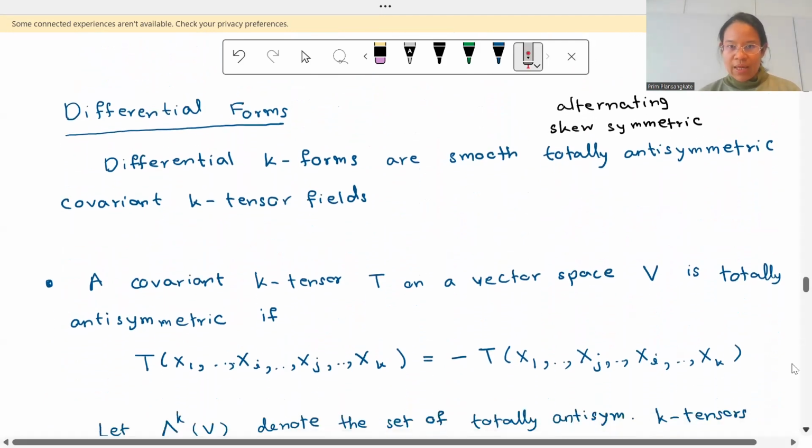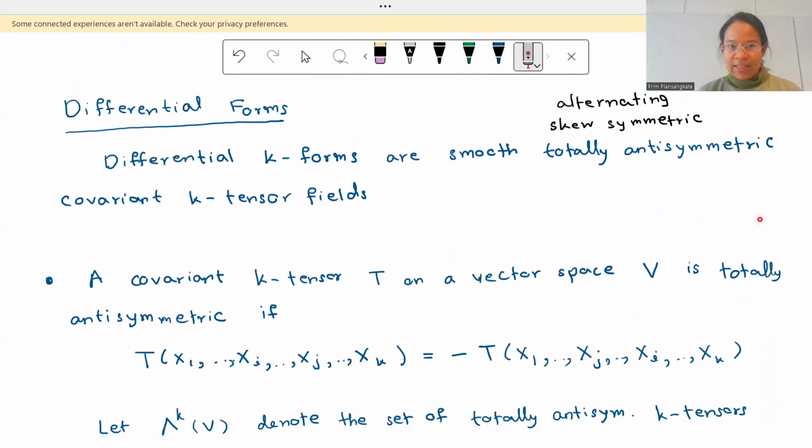They're just K tensor fields that we have just seen, but they are smooth K tensor fields with the property that they are totally antisymmetric. And instead of this word, we can also use skew-symmetric or alternating. So they're the same.